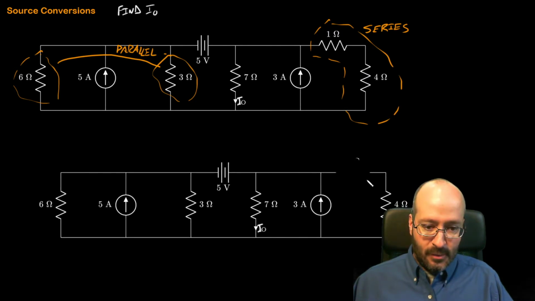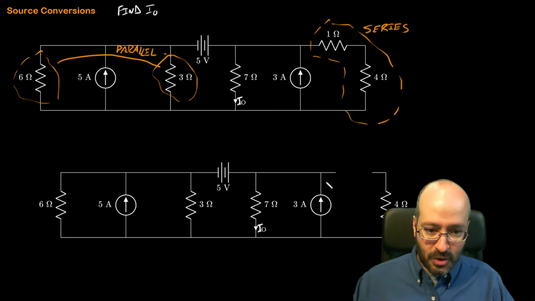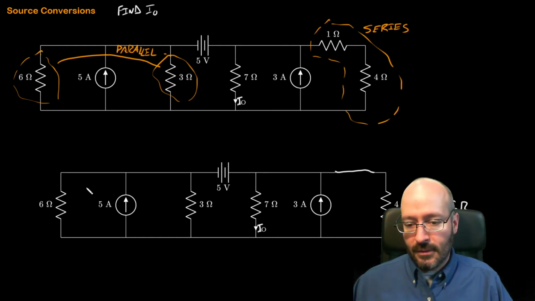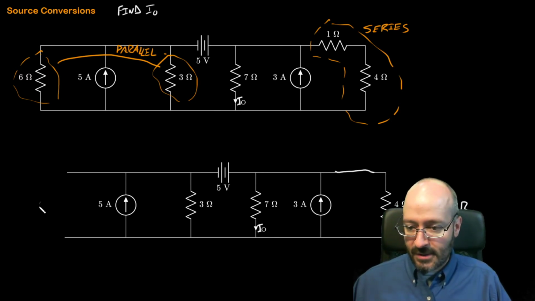So we got to redraw this as a single resistor, and it's going to be 4 ohms plus 1 ohm equals 5 ohms. These two are going to get combined, so we can just knock that one out.